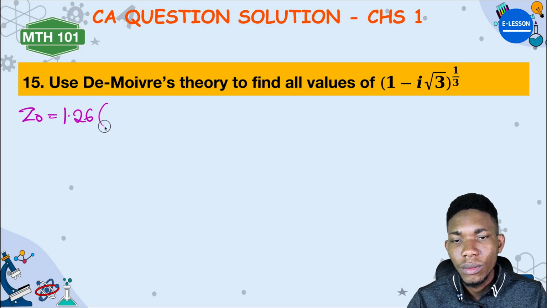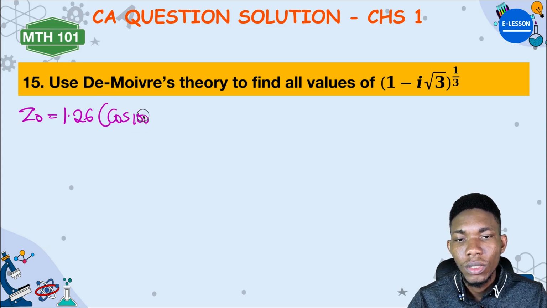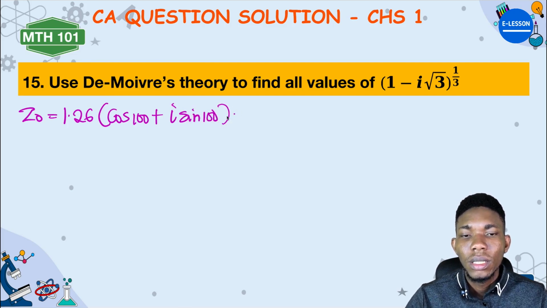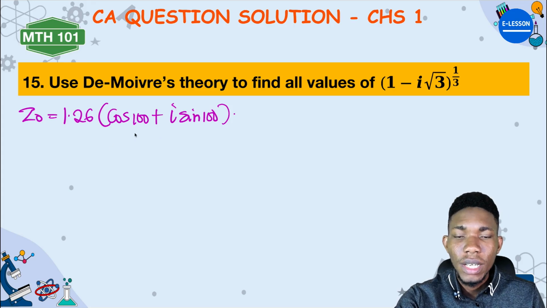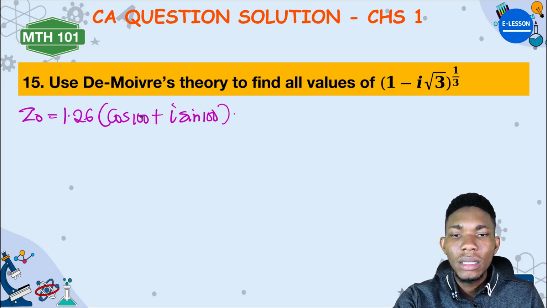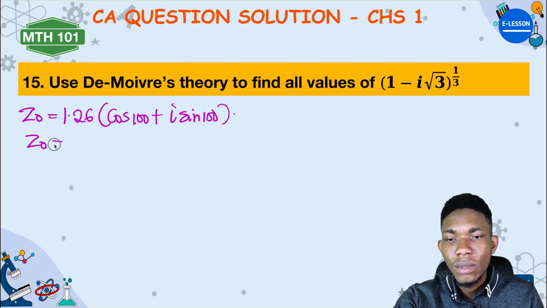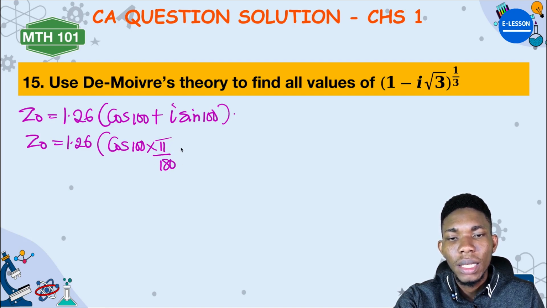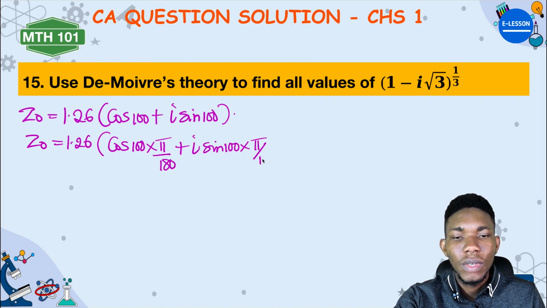Multiplied by cos 100 plus i sin 100. If you want to convert this to radians, you multiply these angles by pi over 180. So Z0 will be 1.26 bracket cos 100 times pi over 180 plus i sin 100 times pi over 180.